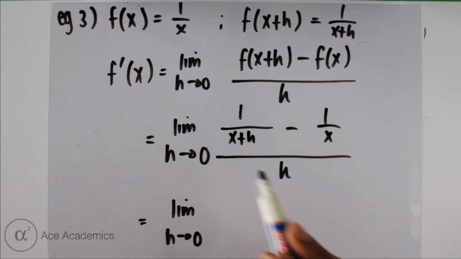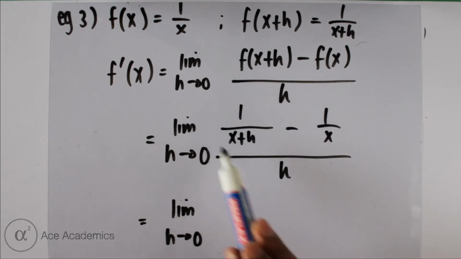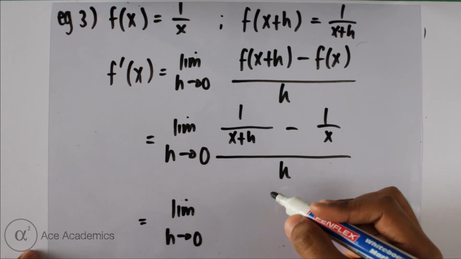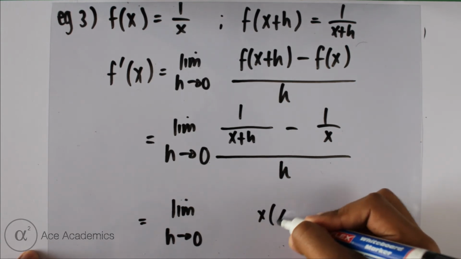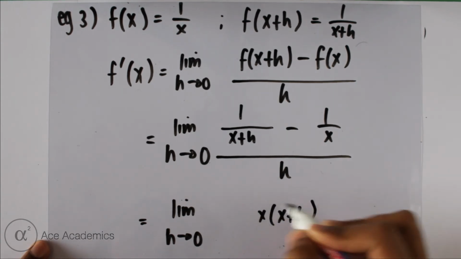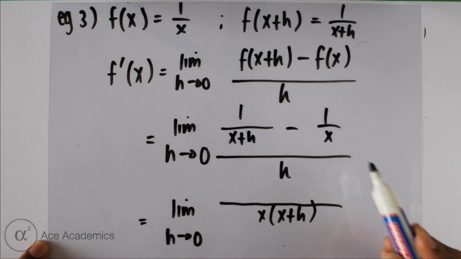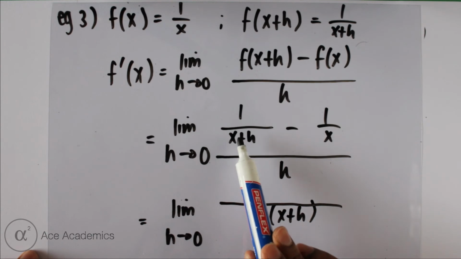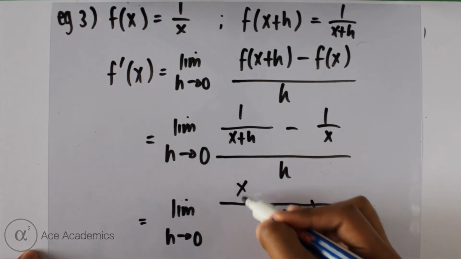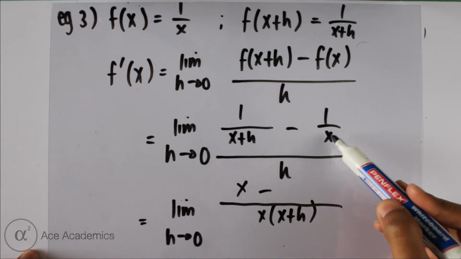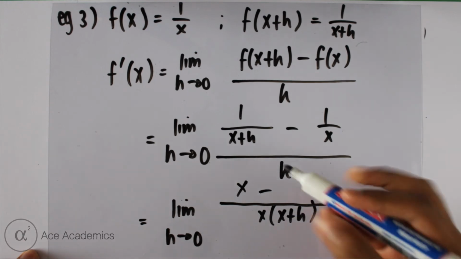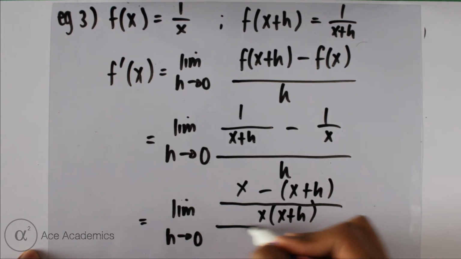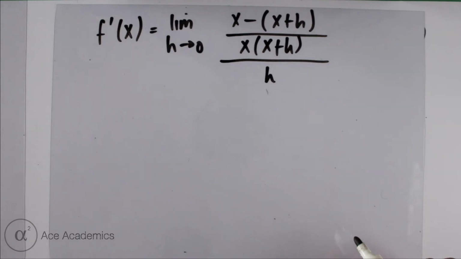So, doing a lowest common denominator in the numerator of this fraction, our lowest common denominator is x into x plus h. And our numerator is, now here we have x plus h, so what's missing is x, and then minus. Here we have x, so what's missing is x plus h. And this is all divided by h.